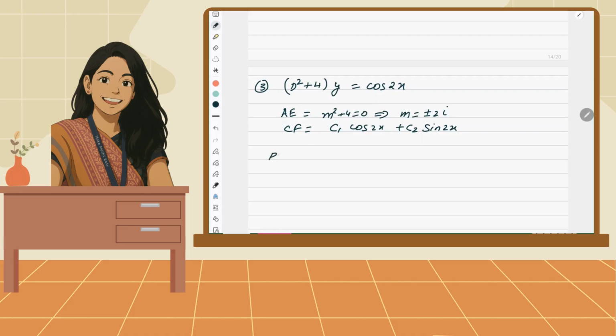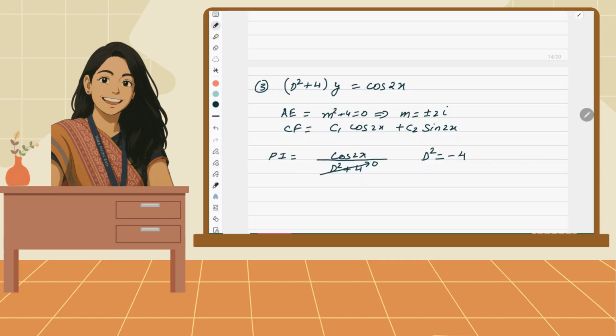Now let us work for PI. So PI is equal to cos 2x upon D square plus 4. Correct? So here D square I should put minus 4. Now observe one thing: the moment I put D square as minus 4, the denominator is becoming 0.